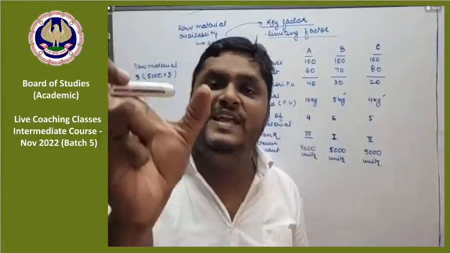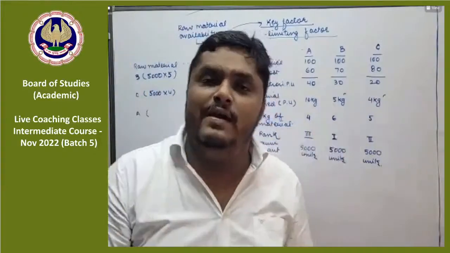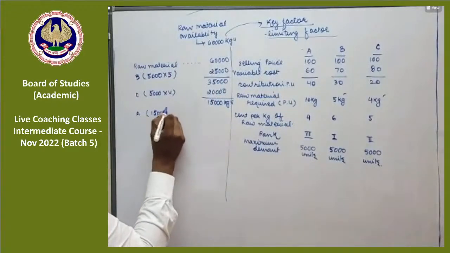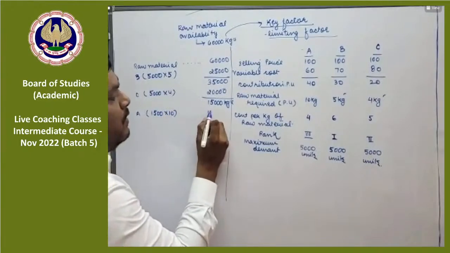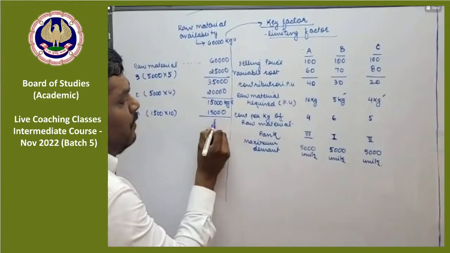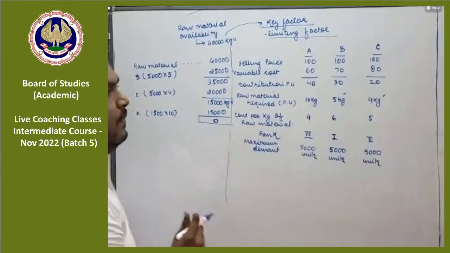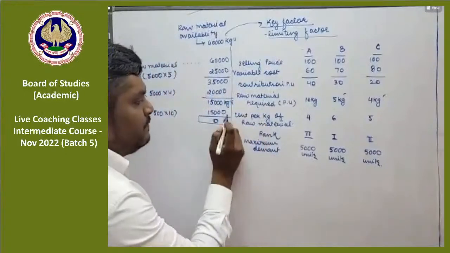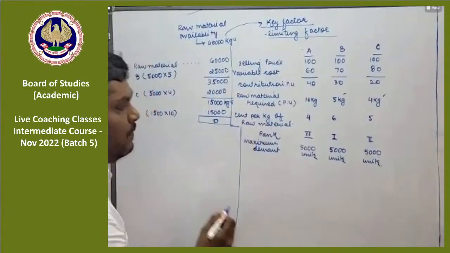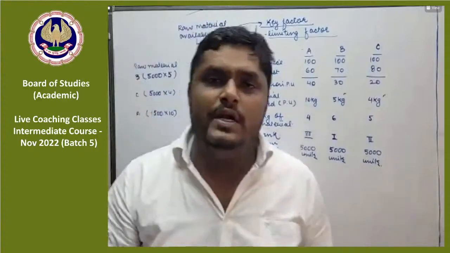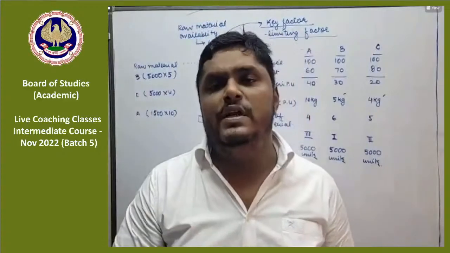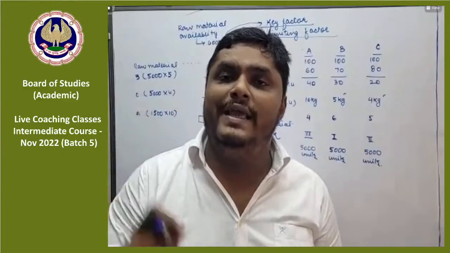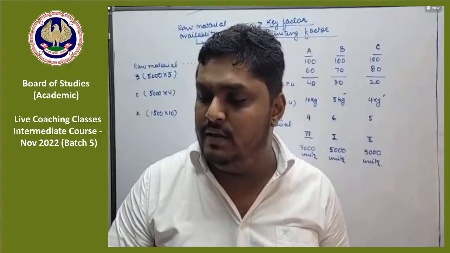It means 15,000 divided by 10, 1,500 units will be manufactured for product A. So when talking about products A, B and C, very simple: 5,000 units of B and 5,000 units of C will be manufactured, and for product A only 1,500 units will be manufactured.